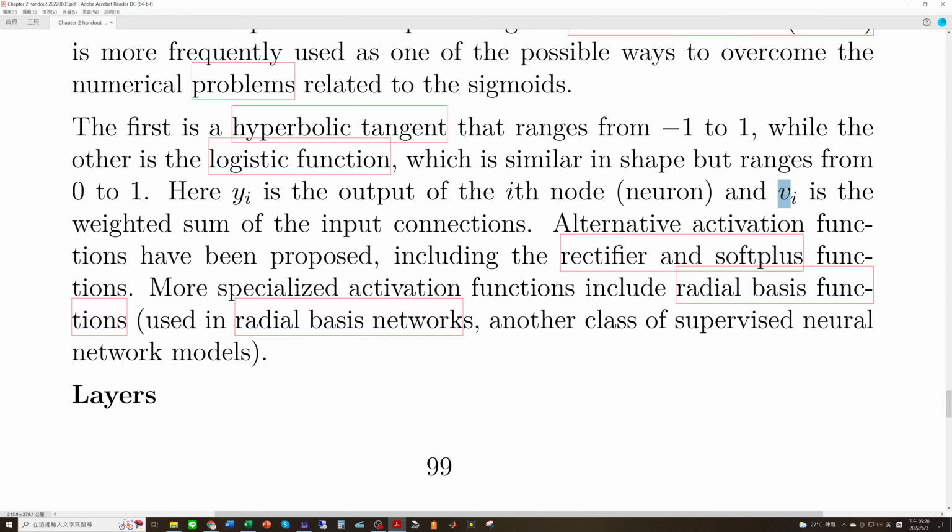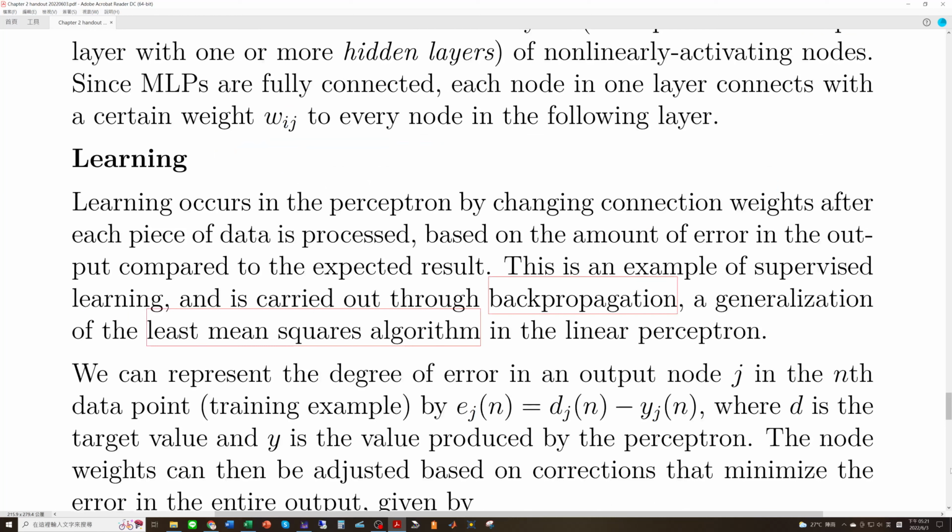So Vj of n is the weighted sum in an output node j at the nth data point, that is, a training example.